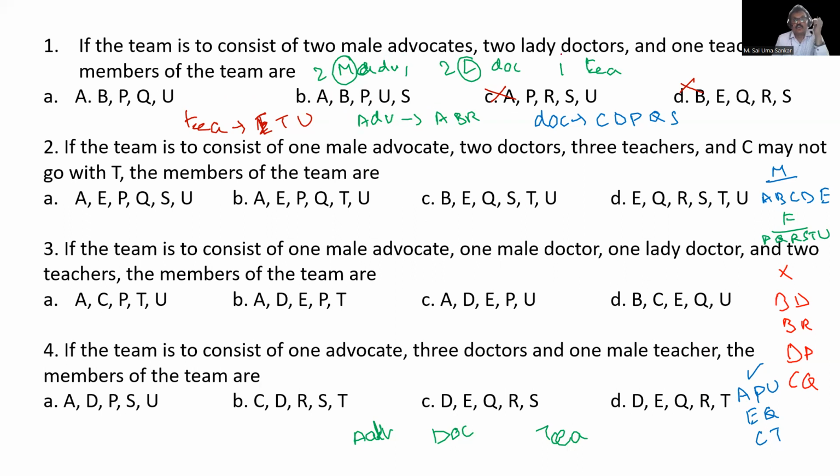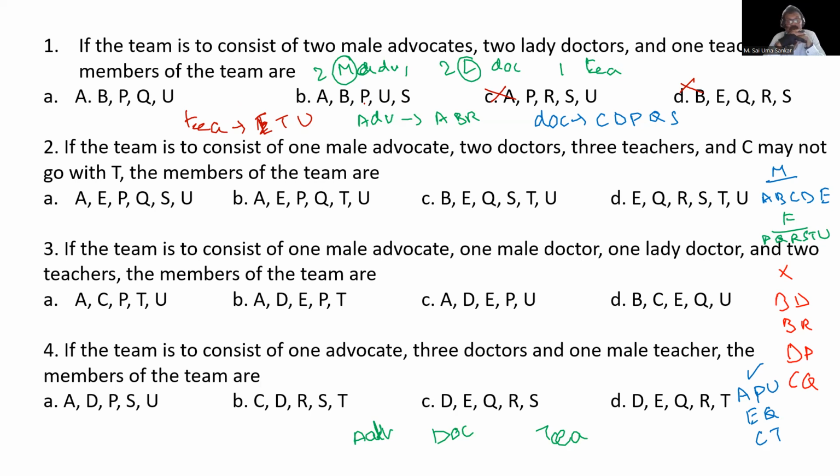Two lady doctors: PQS are doctors, so PQ, PS, valid. And next, one teacher, ETU. U is there. Now, what is the correct answer? That is important.